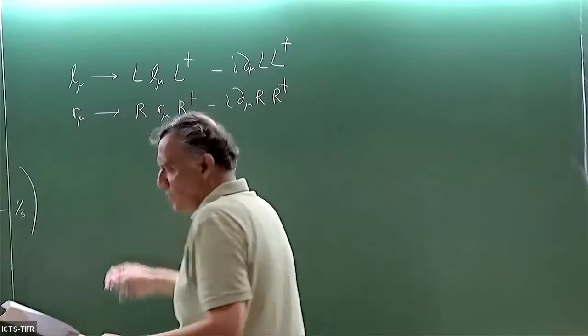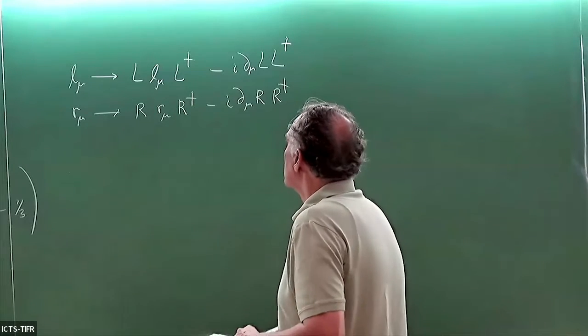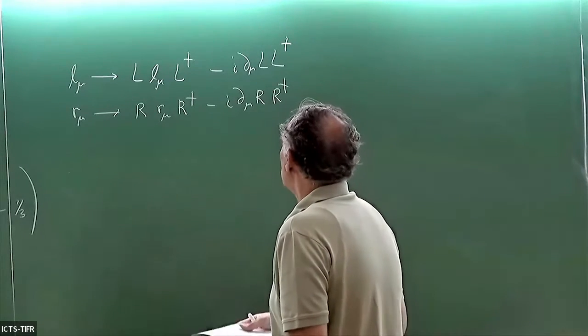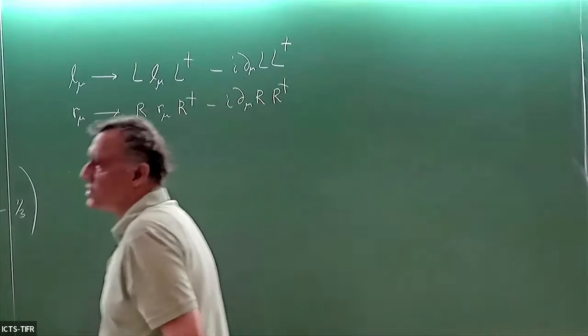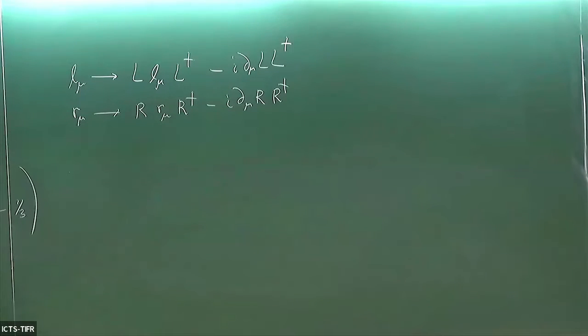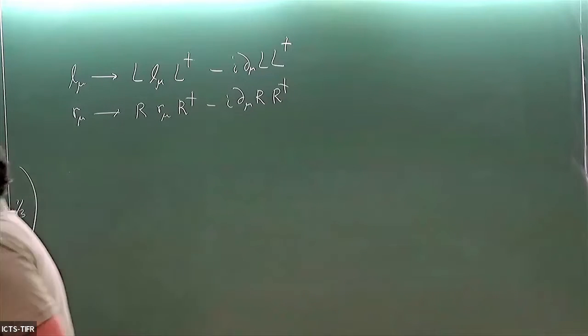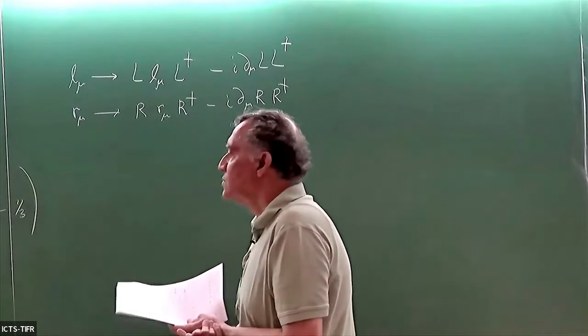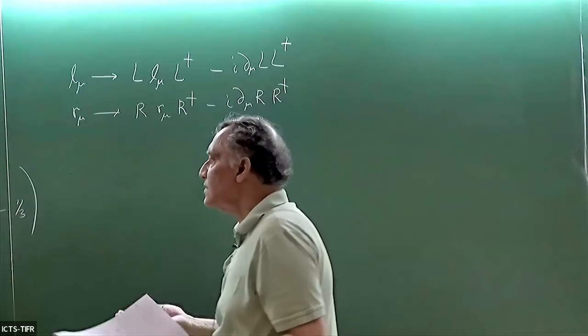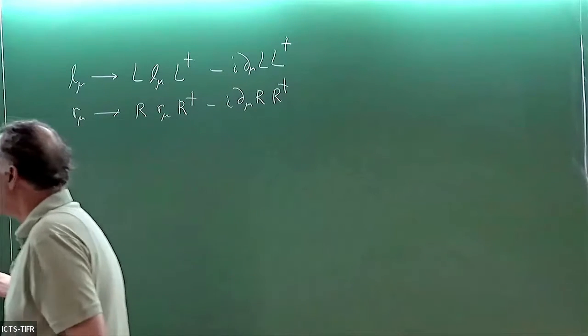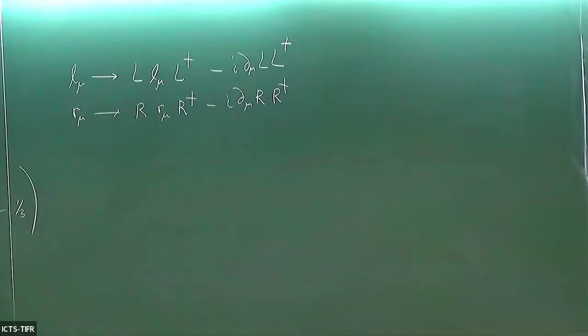So L mu transforms like a gauge field under the SU(3) left, R mu transforms like a gauge field under the SU(3) right, and with this transformation law, we can make our SU(3) left cross SU(3) right symmetry local now because we have gauge fields. So we have promoted our global symmetry to a local symmetry with background gauge fields. And now a chiral Lagrangian will have these background gauge fields and has to be invariant under the local SU(3) cross SU(3) symmetry.